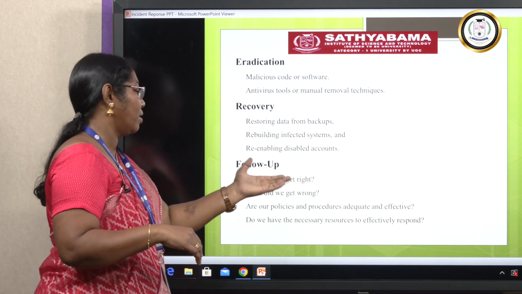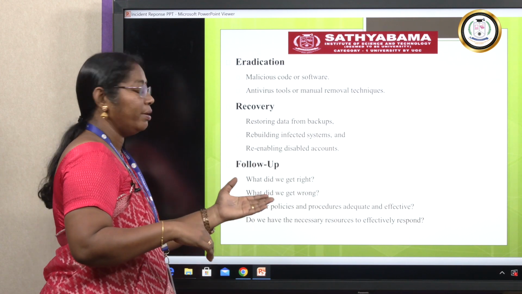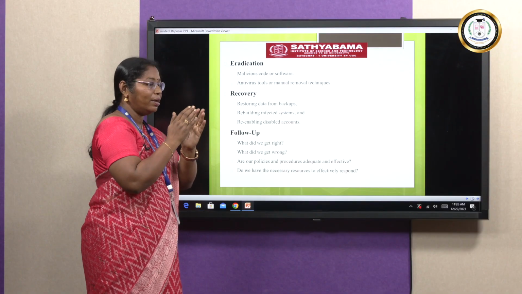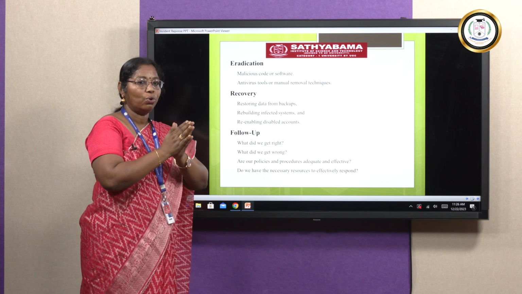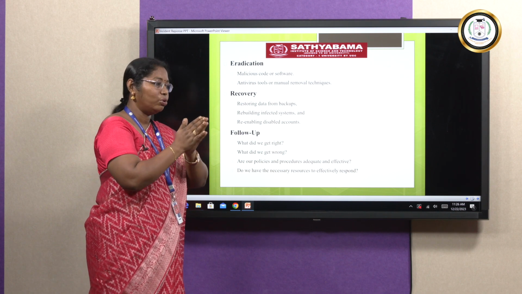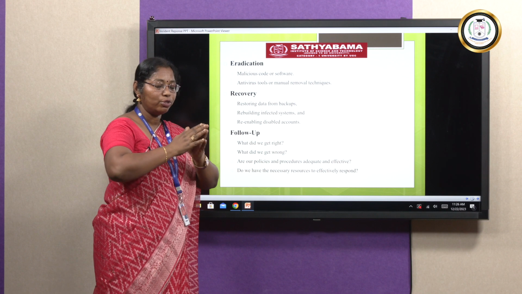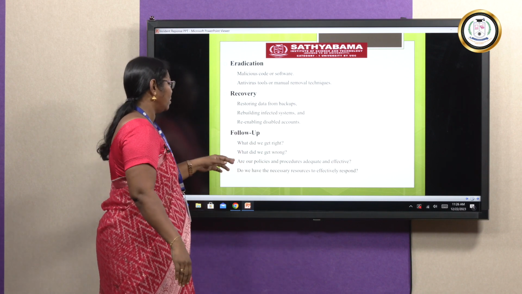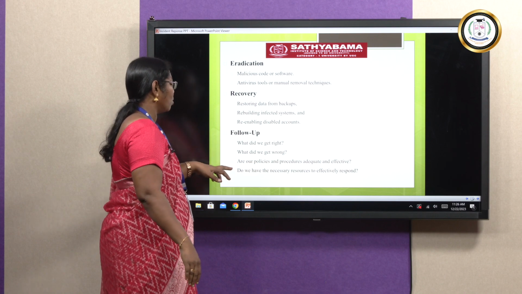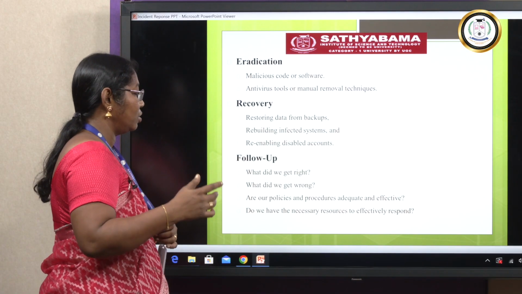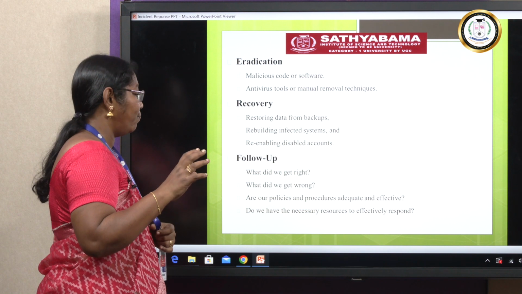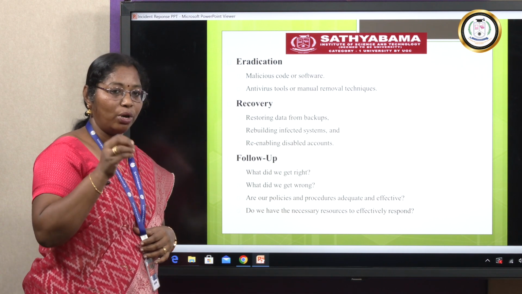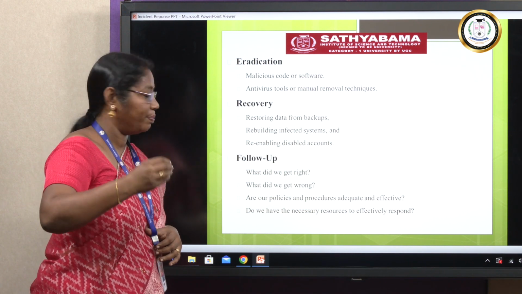What did we get right and what did we get wrong? After analysis, we have to know what we should do and what we should not do. Are our policies or procedures adopted and effective? If a policy is not effective, we need to update it.